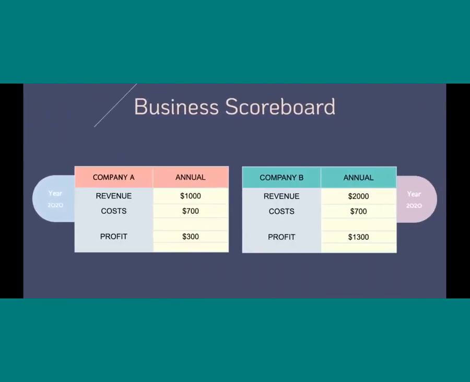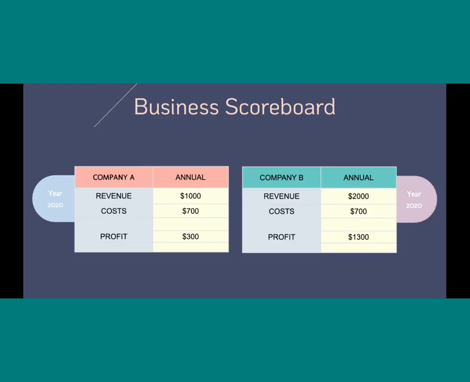Now the same thing can be said for businesses and for companies. So here I have a very, very simple basic income statement. Now let's say both companies sell the same product, mousetraps, and company A does about $1,000 yearly in annual revenue and company B makes twice that much.